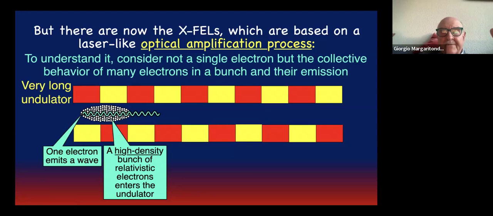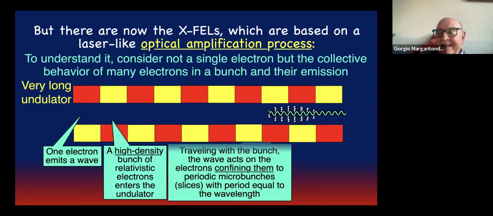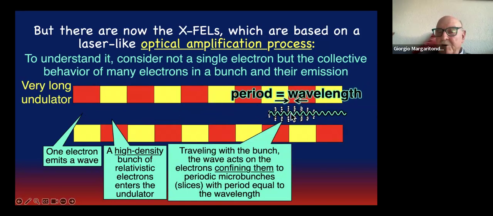From this point on, the wave and the bunch are moving. The wave at the speed of light, the bunch at almost the speed of light, they are moving together. And so they are interacting. And see what happens. The interaction is non-neutral. It changes the distribution of electrons in the bunch, and they create a sort of salami with very thin slices of electrons.